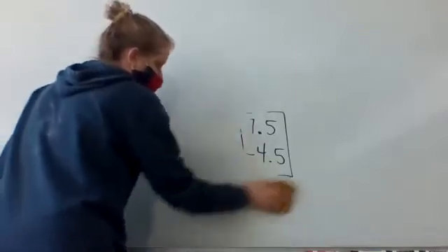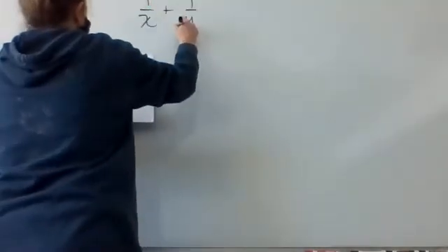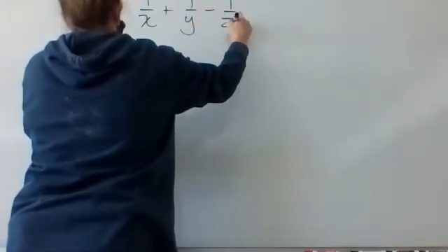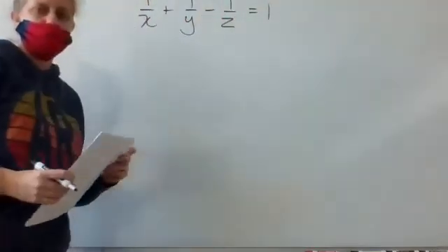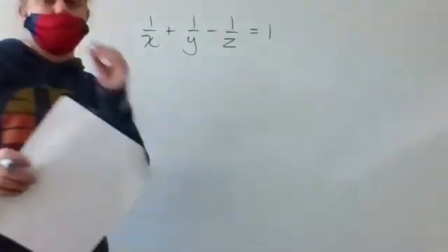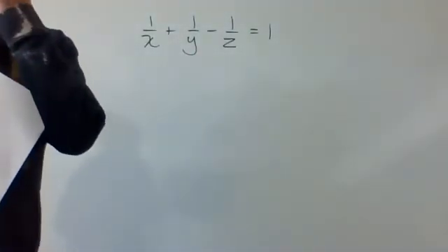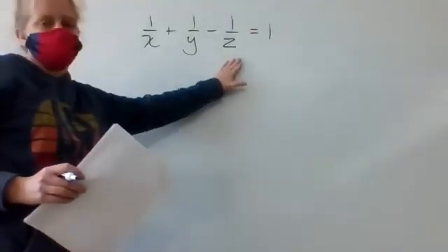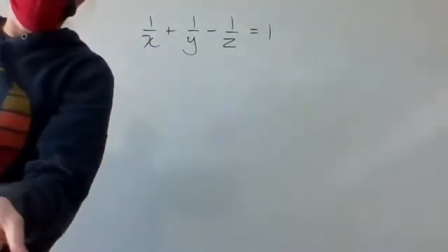Number 5 asked you which one of these equations is linear and has 3 variables. The first one has 1 over x plus 1 over y minus 1 over z equals 1. Well, it's not that one because even though there are 3 different variables, an x, a y, and a z, this would not be linear because your variables are in denominators.